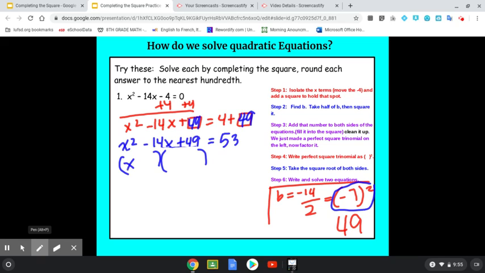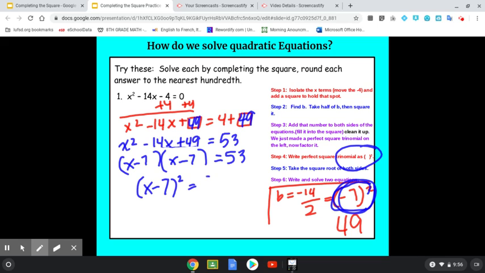Now, the reason why I'm not doing all the work is because it takes up too much space. And I know this -7 is the number in my factors because that's what we're purposely making it look like. All right, so now that I factored it, I bring my 53 down. I'm going to now write it as a perfect square. So that just means write x minus 7 squared equals 53. Okay, now my next step is take square root of both sides.